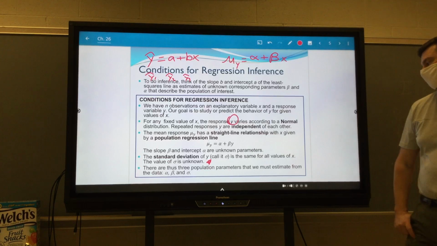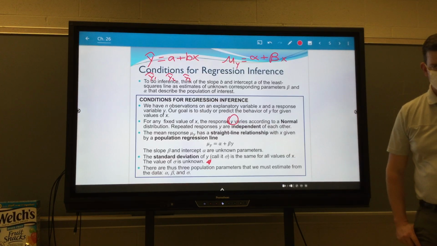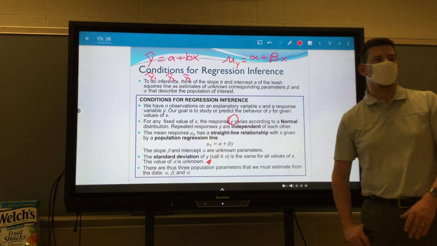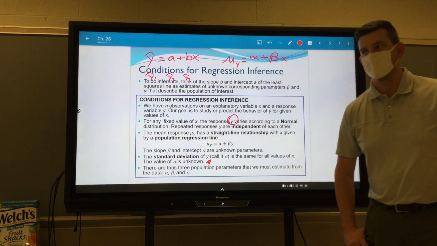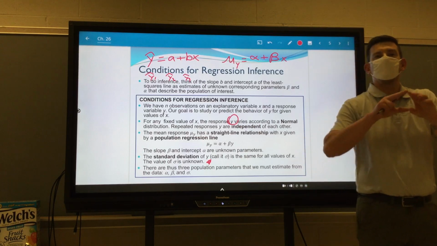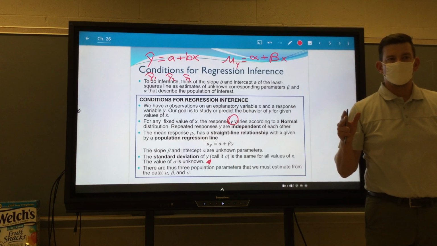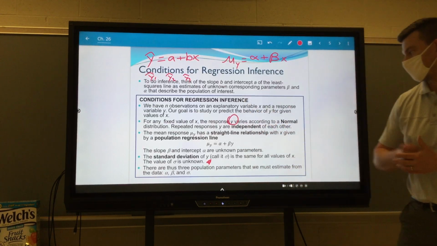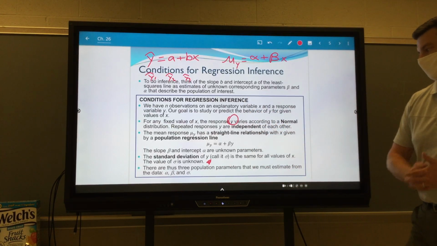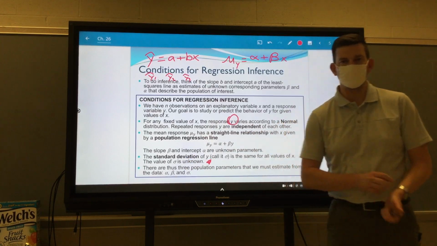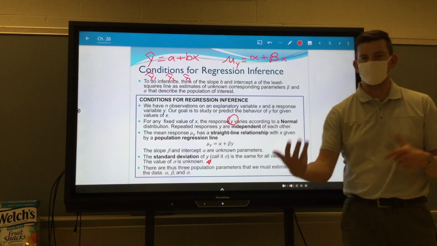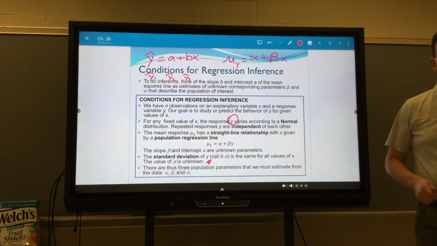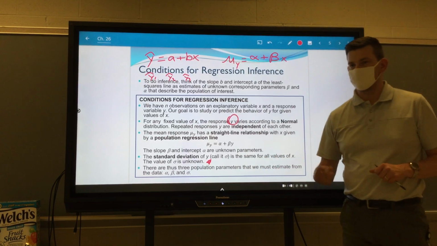It is the same for all values of x. So it doesn't matter if you're predicting this for 12 crying incidents or 20 crying incidents. The distribution of those y values is going to have the same standard deviation, is what this condition says. Now we don't know what that standard deviation is because it is a population parameter. There are 3 population parameters that we need to estimate: alpha, beta, and sigma.